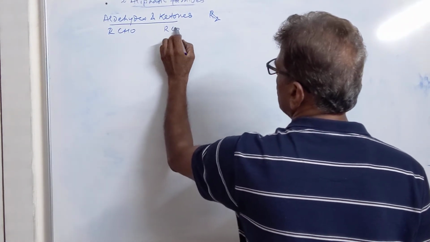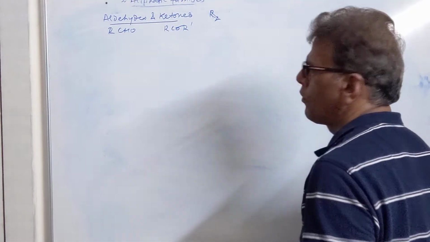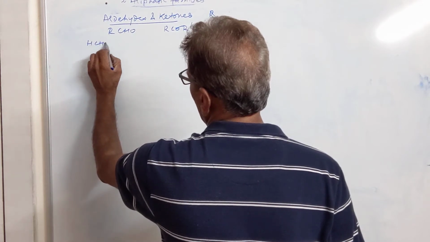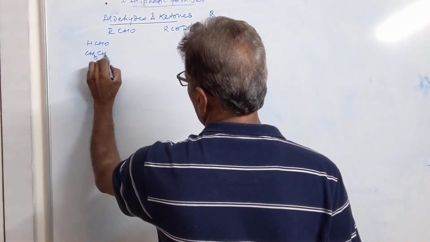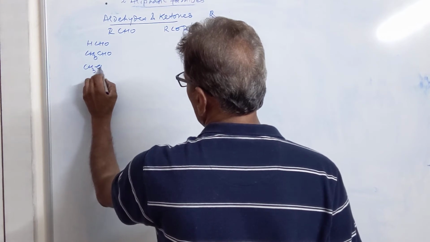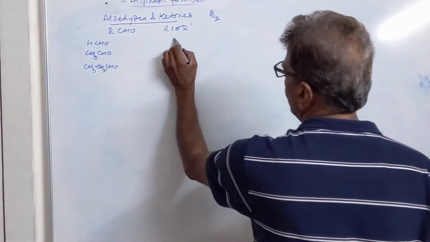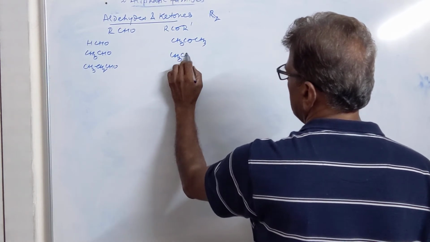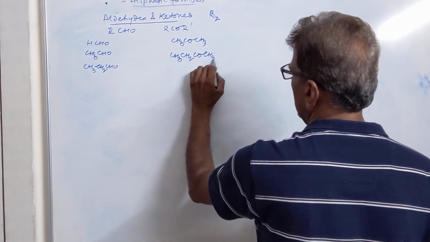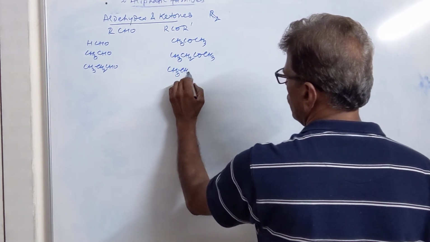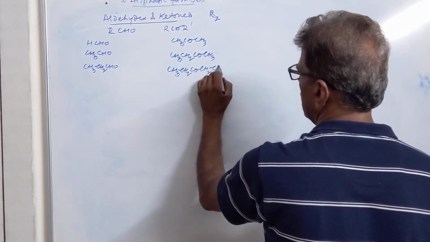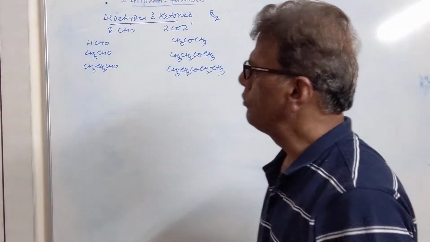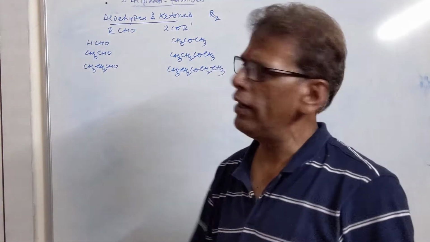Ketones have formula RCOR'. Now for aldehydes, we have members HCHO, CH3CHO, CH3CH2CHO. For ketones, we have CH3COCH3, CH3CH2COCH3, CH3CH2COCH2CH3.